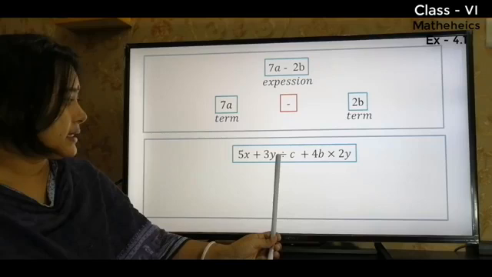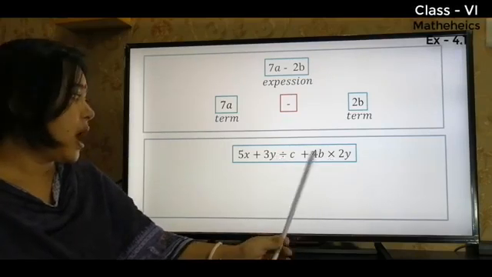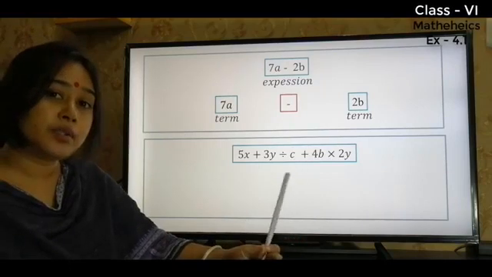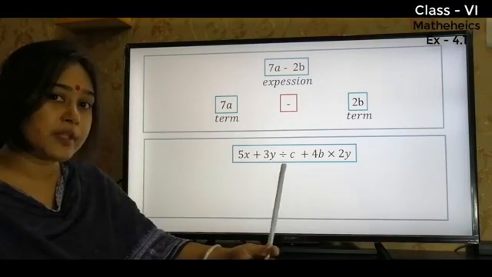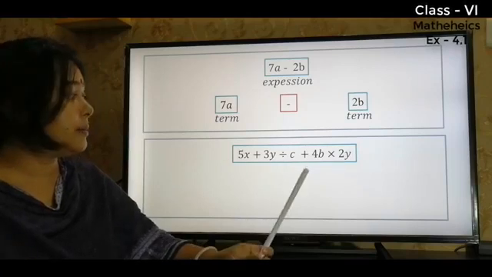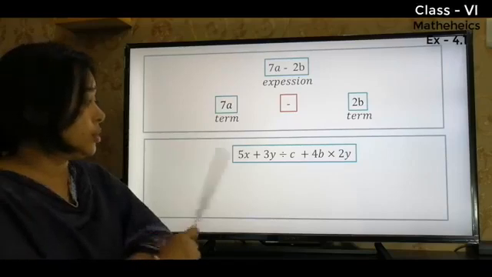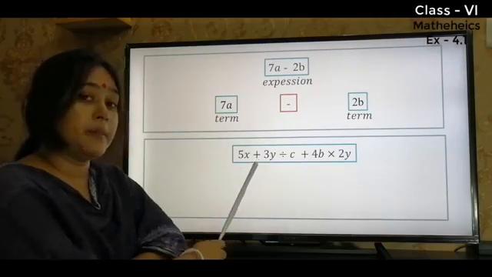And here in this example, 5x plus 3y divided by c plus 4b into 2y. Here you can see there is a division sign and a multiplication sign as well. But what are the terms in this algebraic expression? When we are finding terms, we will always look for plus and minus signs.